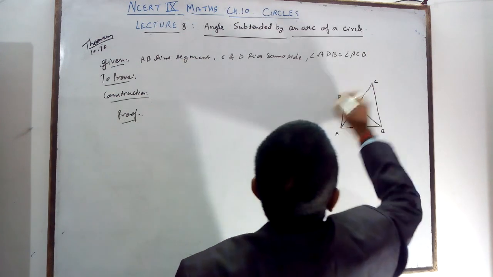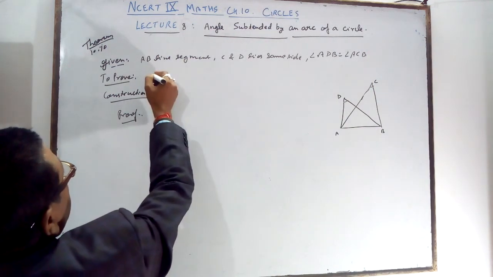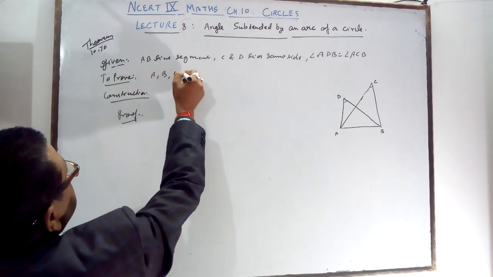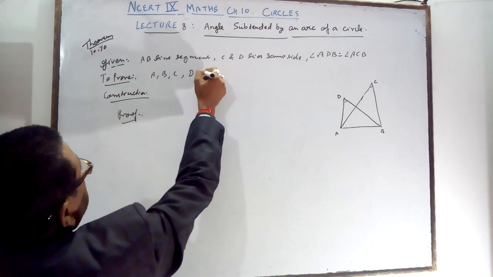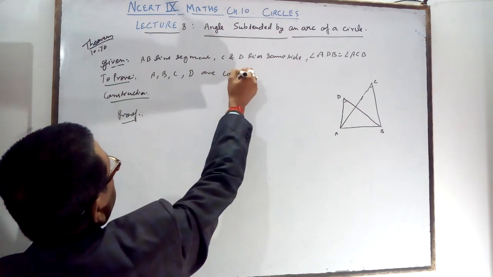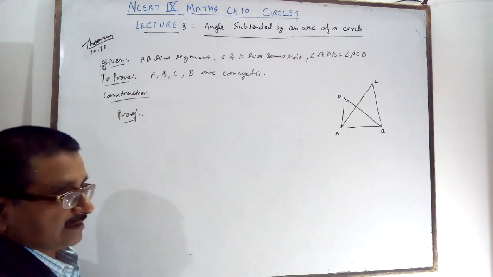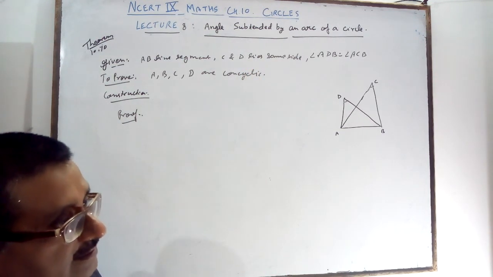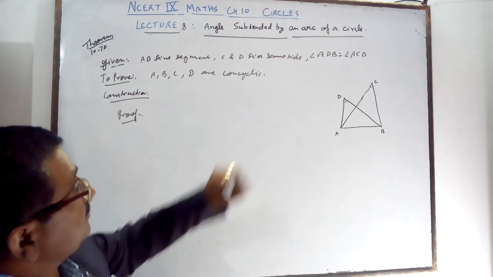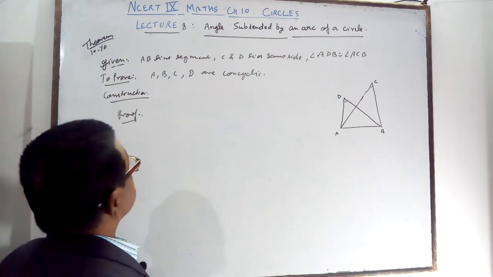To prove: A, B, C, D are concyclic. Concyclic means they lie on the same circle.